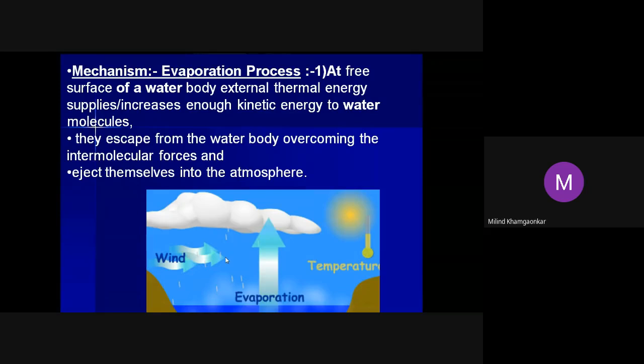What happens? If the solar energy or the atmospheric temperature is more than the water temperature, this atmospheric temperature is being imparted, being transferred to the water molecules which are at the surface of the water body, in the liquid state.